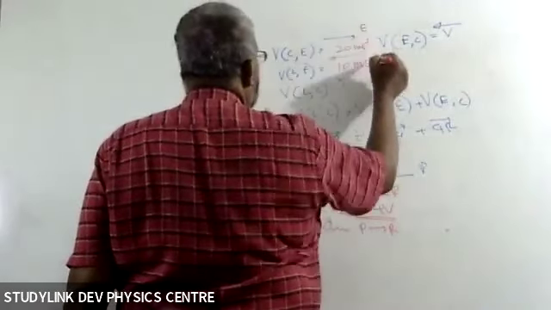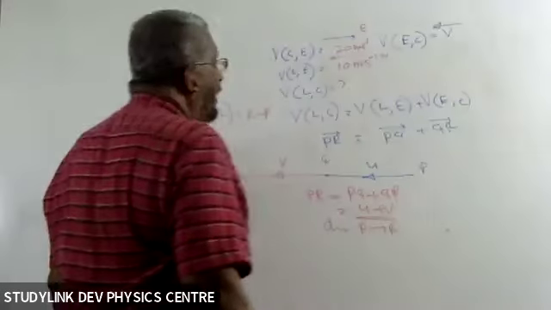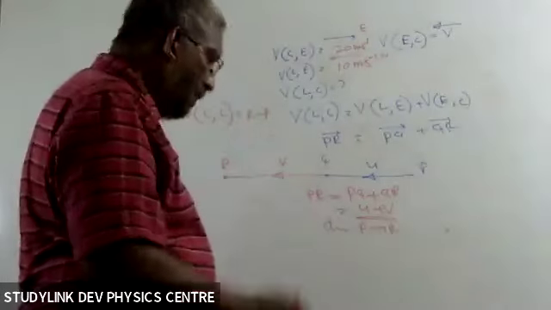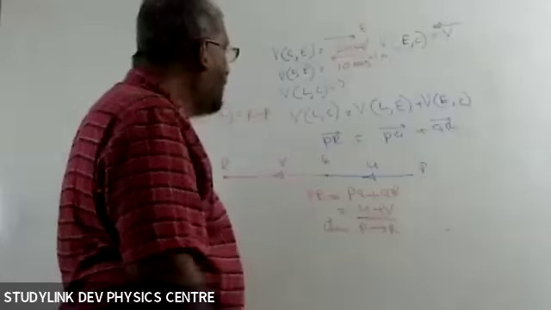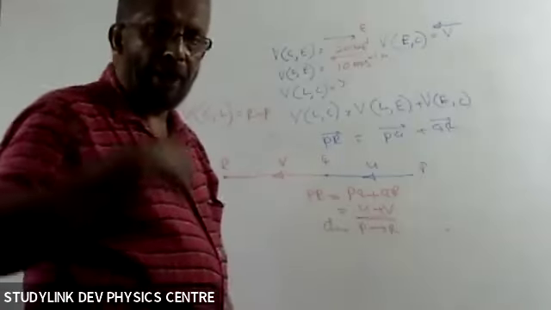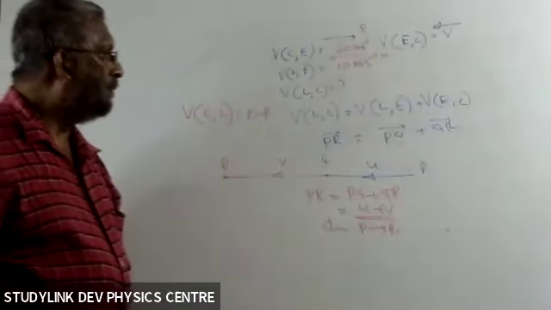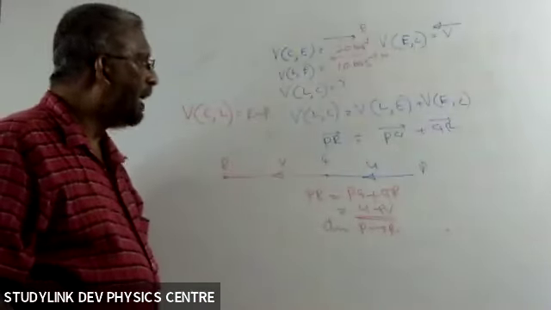This is east, this is west direction. Find the velocity of the car relative to the lorry, and find also the velocity of the lorry relative to the car.